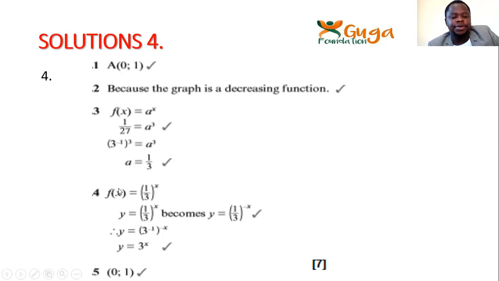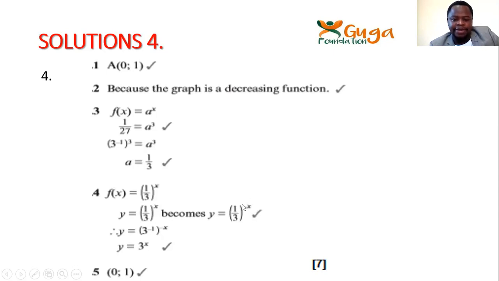So on number 4, you reflect it along the y-axis. So it means that now your equation will be f of x. Your original equation is f of x equals 1 over 3 to the power x, right? So when you reflect this equation along the y-axis, you affect the x-intercept.